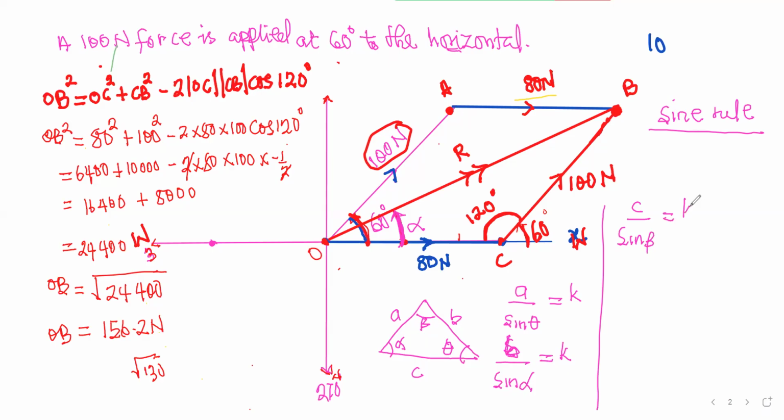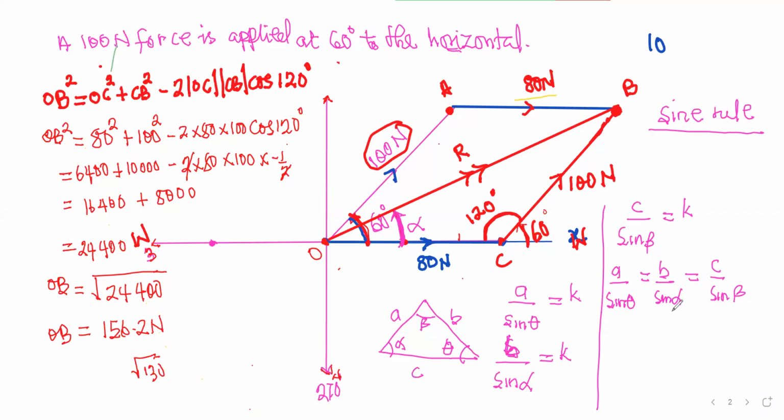Please, constants are numerical values. They can be numbers. So supposing it's 2, this will also be 2, and this will also be 2. In that case, we can then say that A over sine theta is equal to B over sine alpha, and it is also equal to C over sine beta.